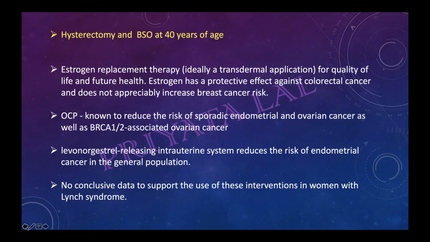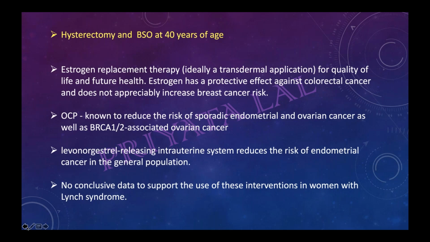If hysterectomy and bilateral salpingo-oophorectomy is done, there will be menopause. So what can be given for the menopause? It will be estrogen. Usually a transdermal application is preferred for protection against all menopausal symptoms. This estrogen, if offered, has protection against colorectal cancer also, and it doesn't increase the breast cancer risk.